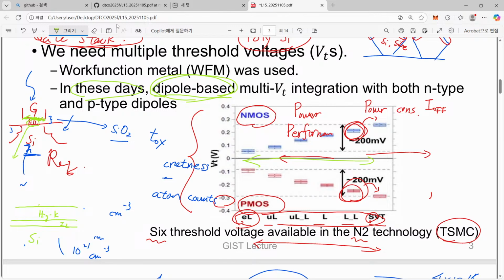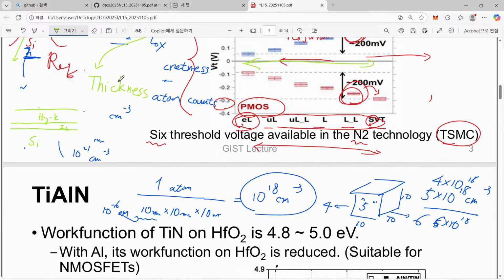Then actually how can you make it? I have no idea about the detail, but the point is the dipole-based one does not consume thickness. So we will revisit this topic once again later, but let me just explain a little bit.